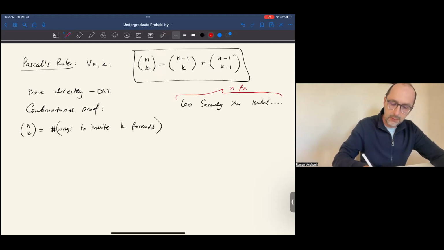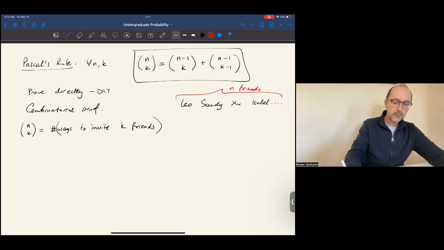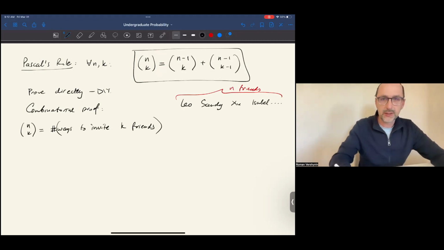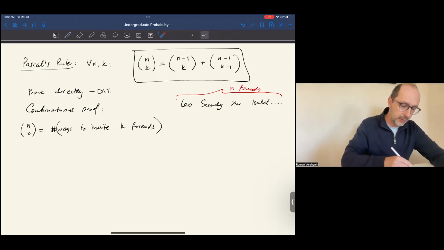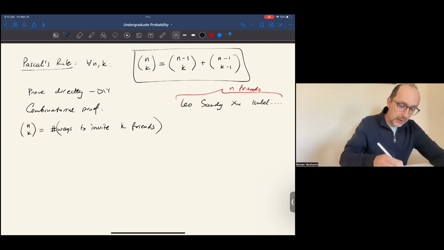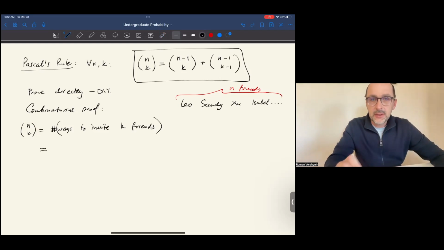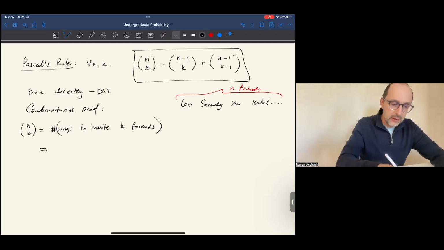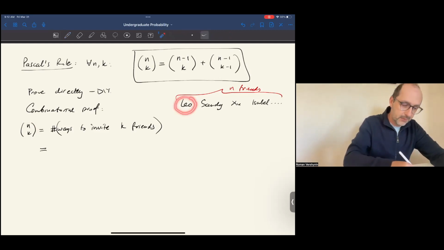N friends total. You would like to invite k of them, and that's how many ways there are to do that. Now let's compute this same number in a different way. Let's decide if we're going to invite Leo or not.